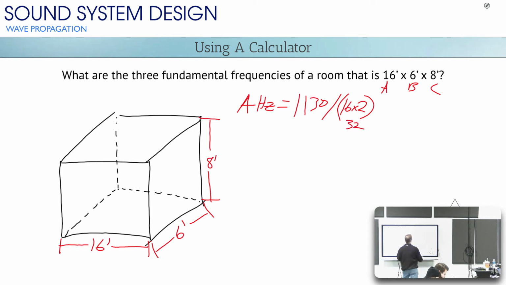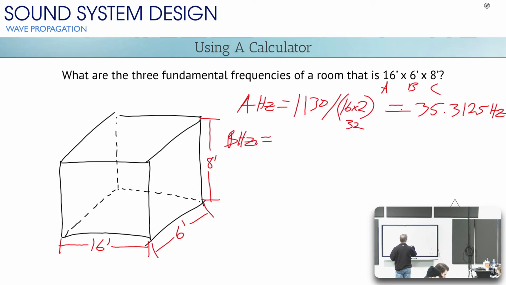So 1,130 divided by 32. We get 335.3125. That's what I got. Did anybody else get that? Yes? Maybe? No? Okay.